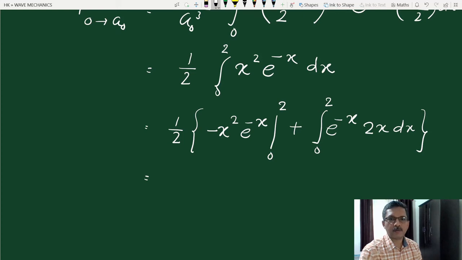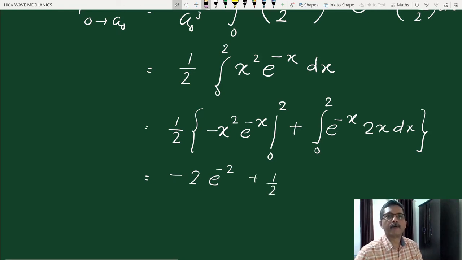When you multiply with the 1 by 2, we have minus 2 e raised to minus 2. The lower limit will give 0 value because x square becomes 0. Then plus half, half and 2 will cancel. So the integral will be integral 0 to 2 x e raised to minus x dx.